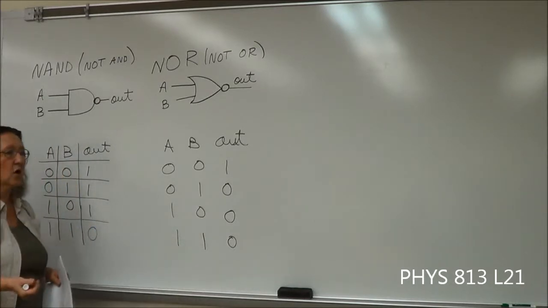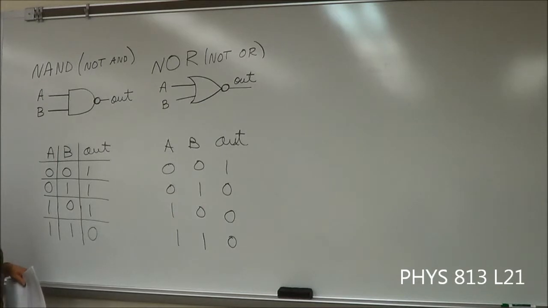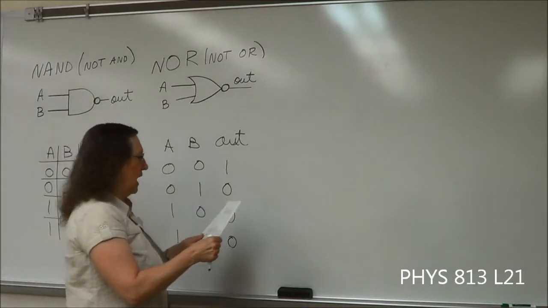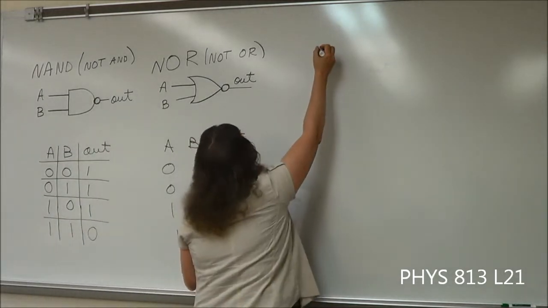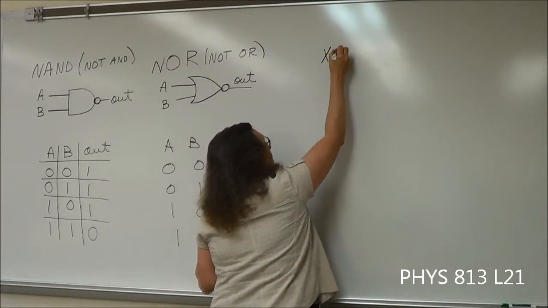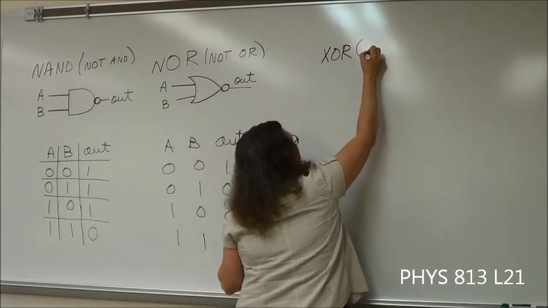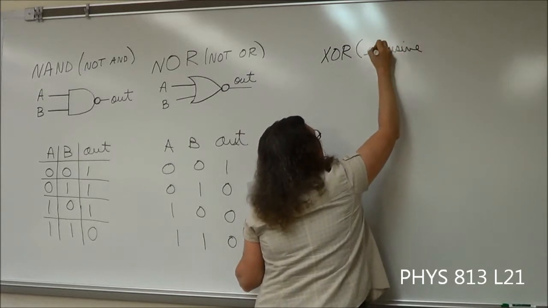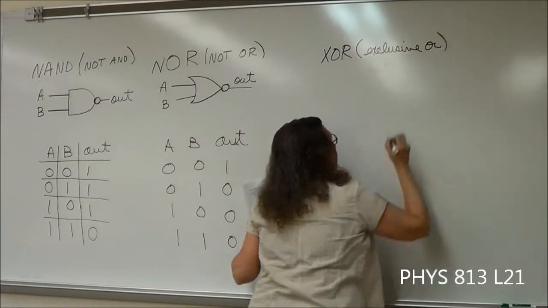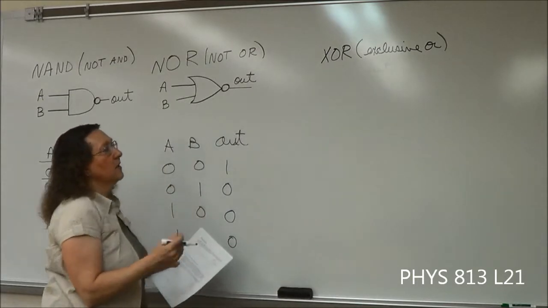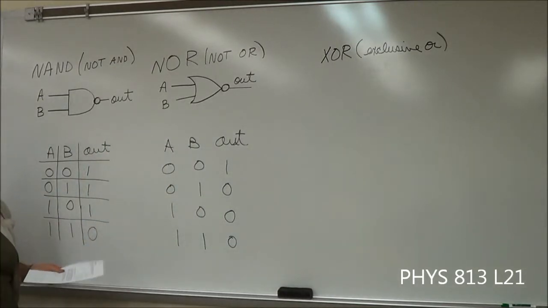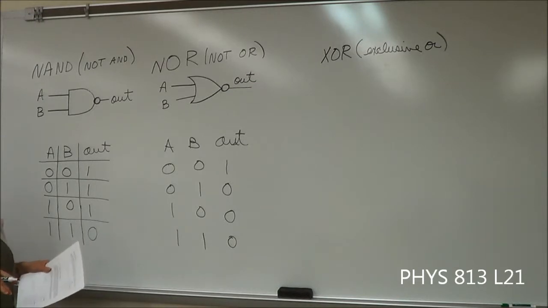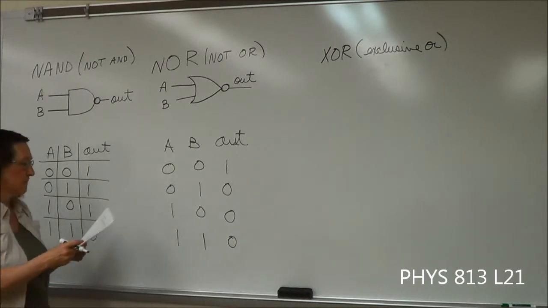So this is what's called an exclusive OR, and it's represented by XOR. So that's exclusive OR. And if you think about it, it really does mean one or the other. If you have both, then you don't want that.